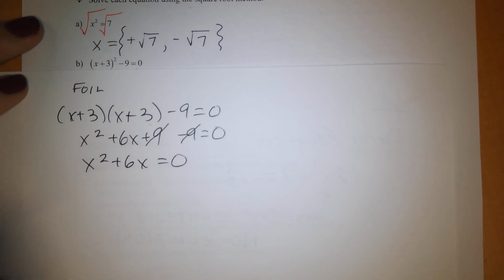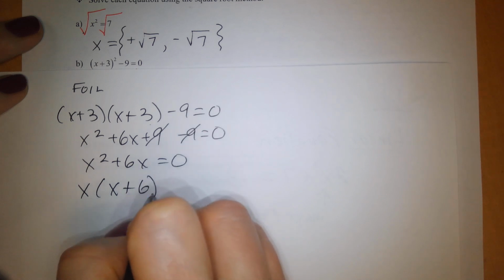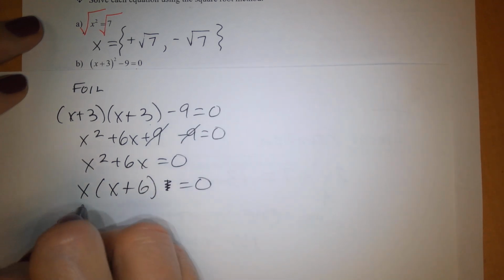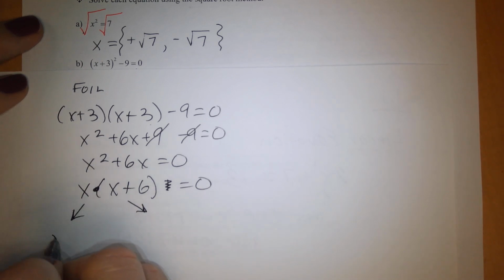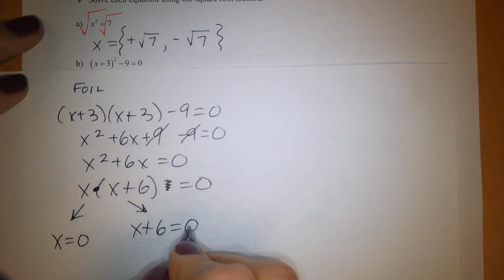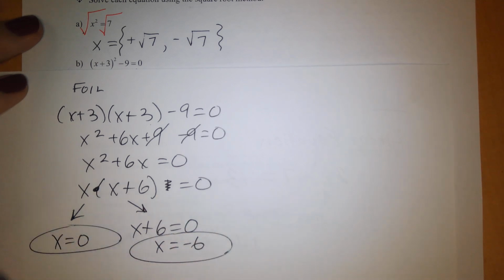Now, according to the first step on number 1 of the lecture notes, you want to factor. So if I pull that x out, I'm left with x times x plus 6 equals 0. So I set both of these parts equal to 0 using the zero product property. So either x is 0 or x plus 6 is 0, meaning x is negative 6. So I get two answers, one at 0 and one at negative 6.